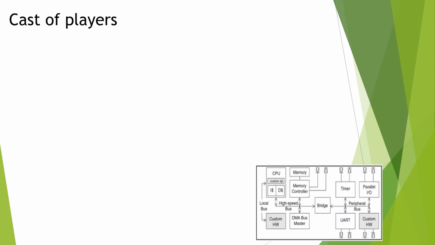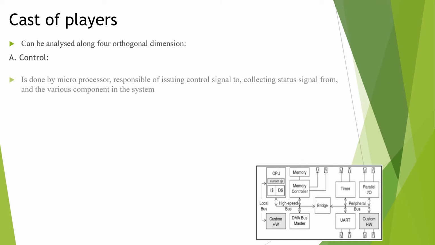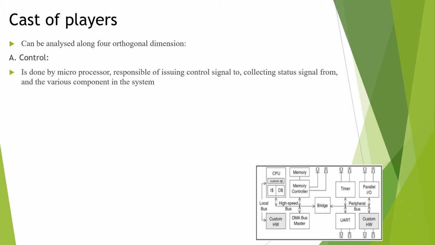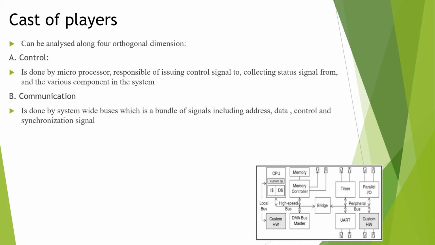We can see a figure below of an architecture which can be analyzed along four orthogonal dimensions: control, communication, computation, and storage. Control is done by the microprocessor, responsible for issuing control signals to and collecting status signals from the various components in the system.